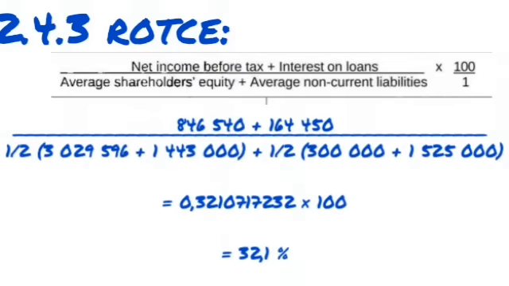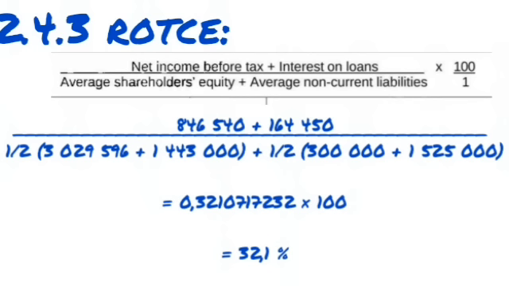So our net income before tax, we know that it's 846,540 plus our interest on loan of 164,450, and then our average shareholders equity, we're saying half of 3,029,596 plus 144,000.